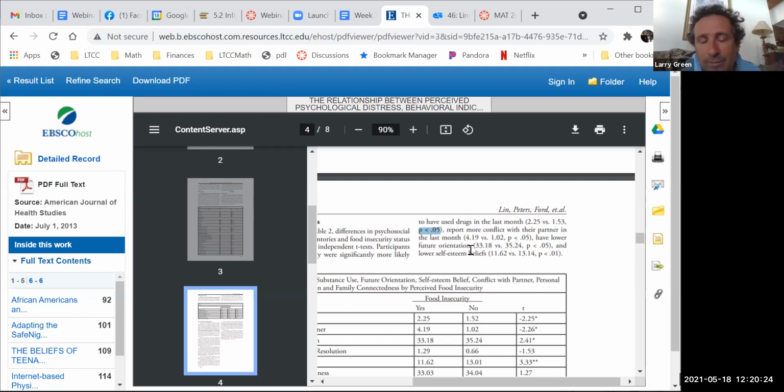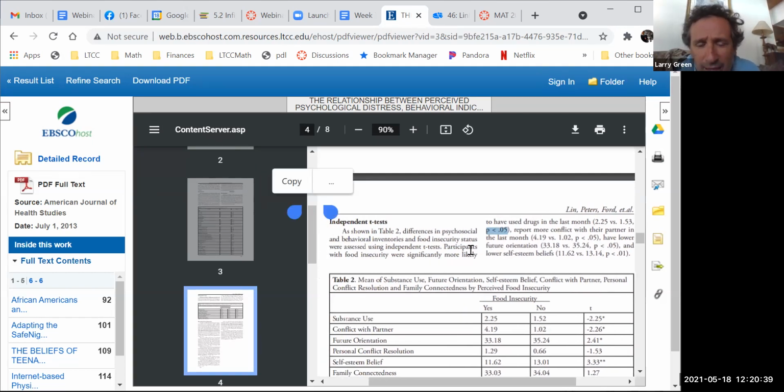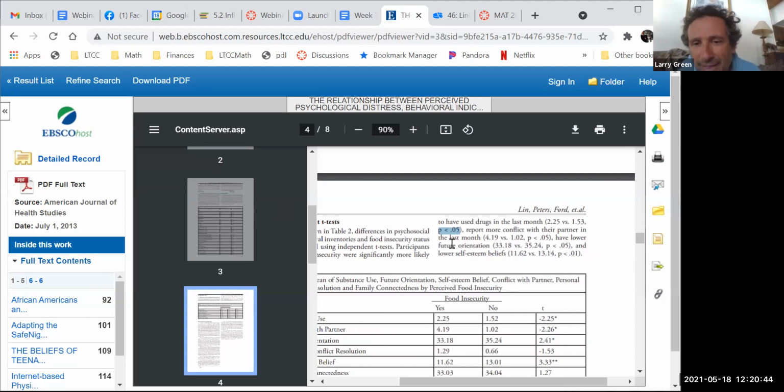That means you have a small probability that, had the population been the same whether they had food insecurity or not, there would be less than a 5% chance that we would get such different numbers, 2.5 versus 1.53, than what these authors got in their sample.